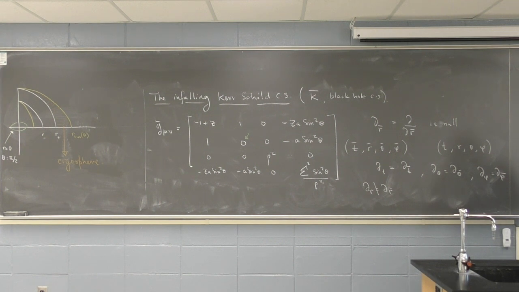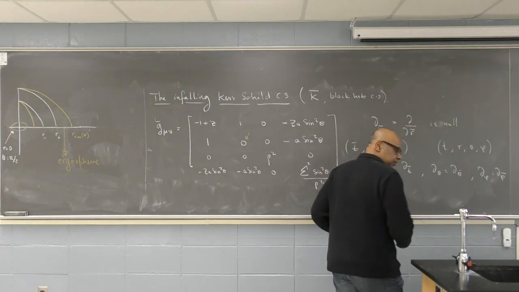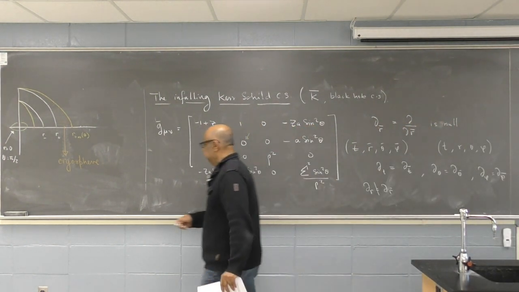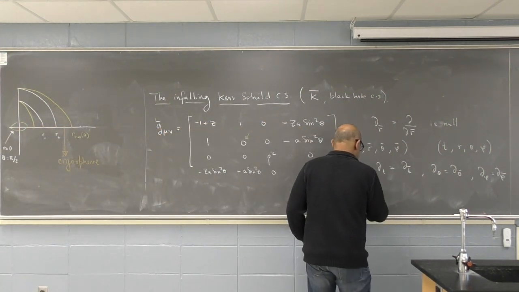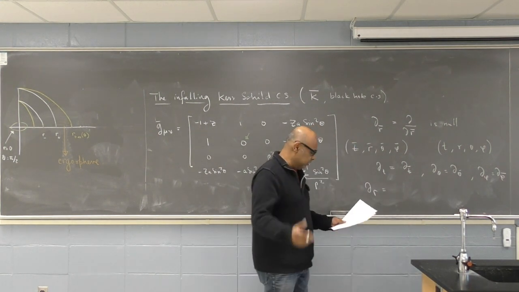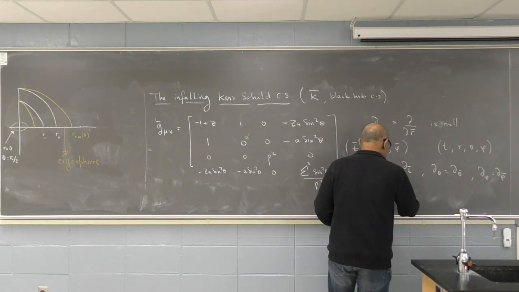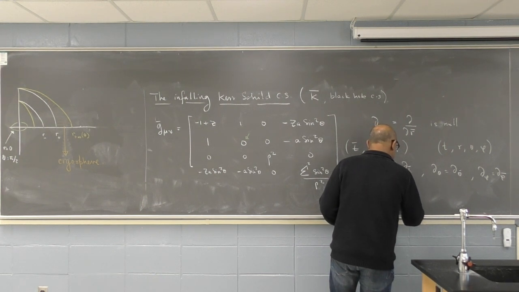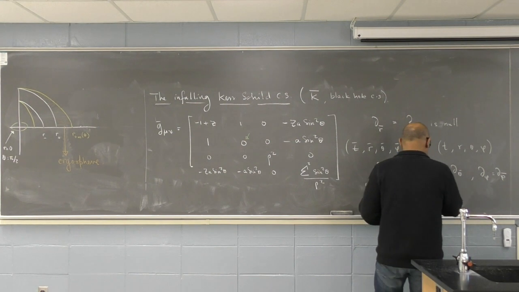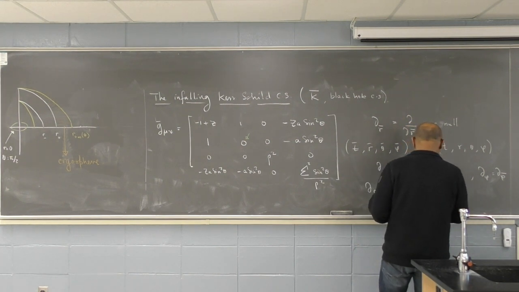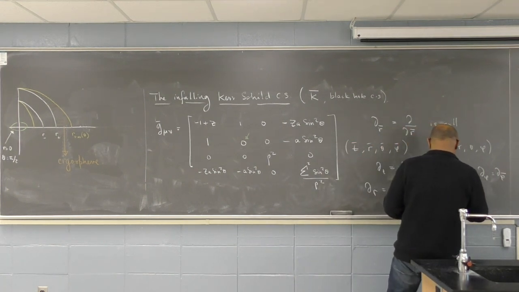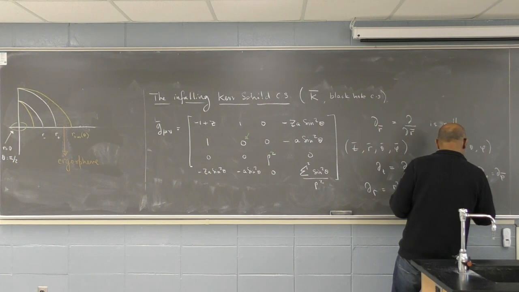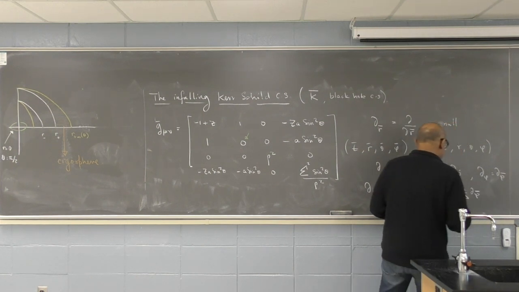So as a matter of fact, dr, using the transformation matrix we wrote last time, is r squared plus a squared over delta dt, dr bar, plus a over delta d phi bar.